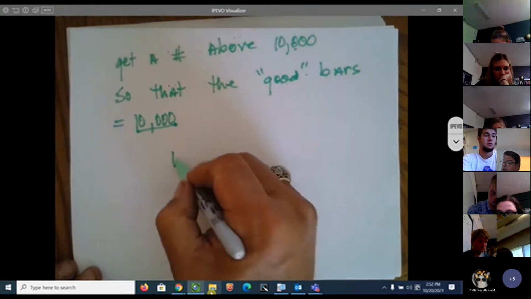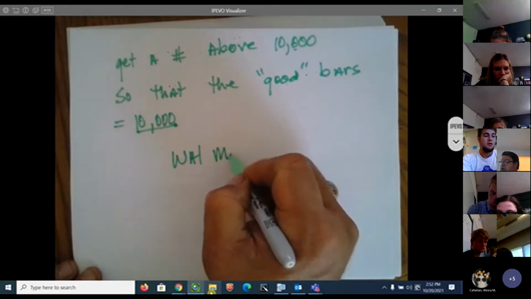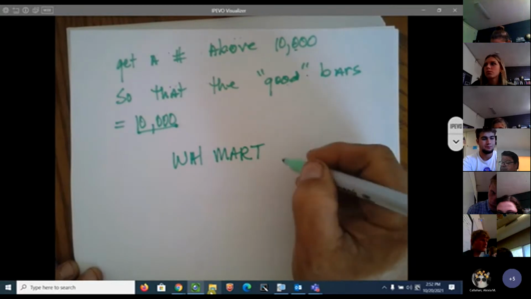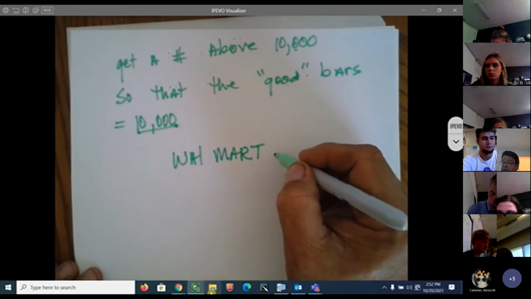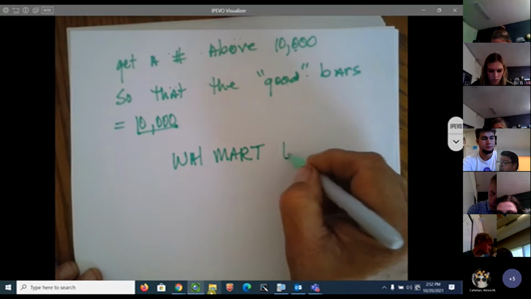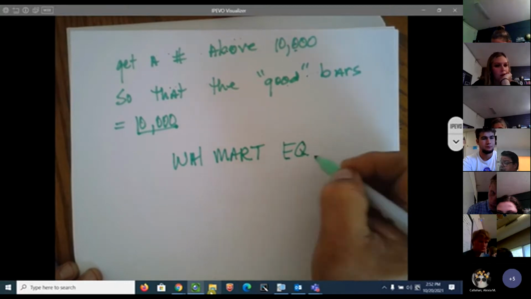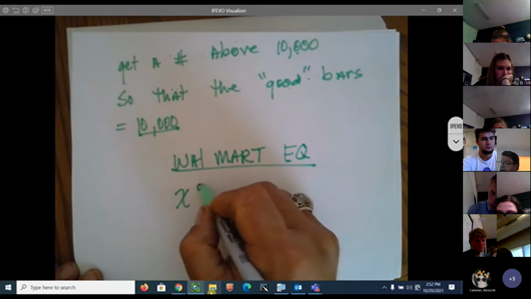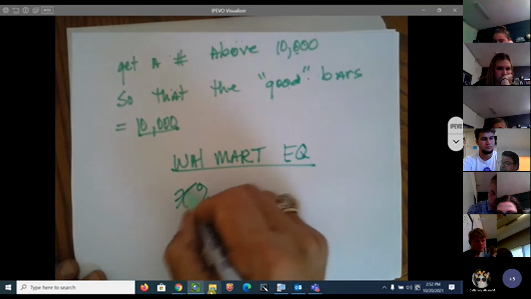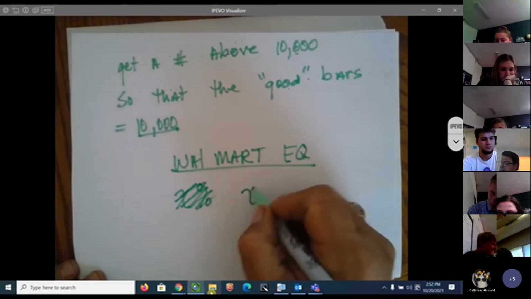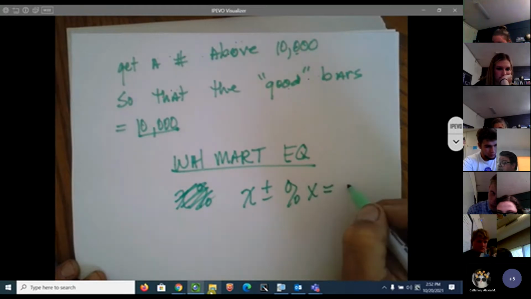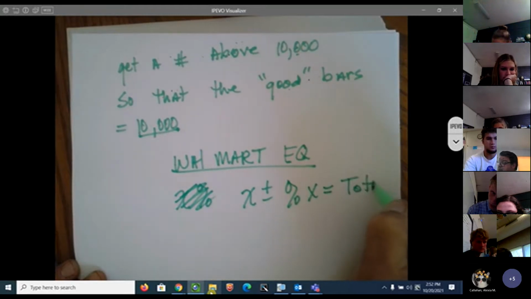So, the Walmart equation. If you ever had me for any class, I don't know if I've shown you the Walmart equation with percentages, something I came up with as a teacher a long time ago. X plus or minus percentage X is equal to the total.